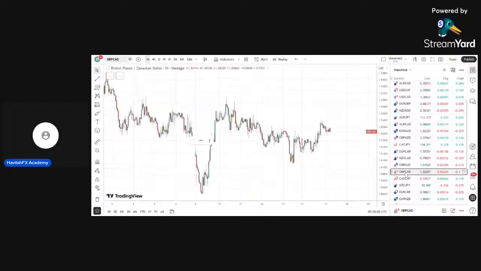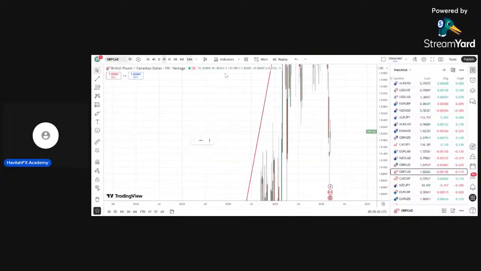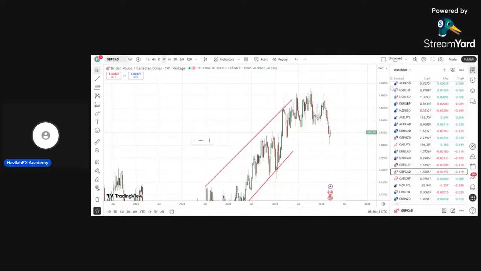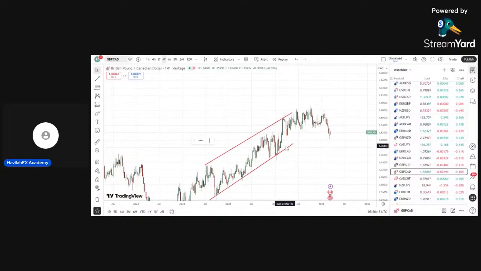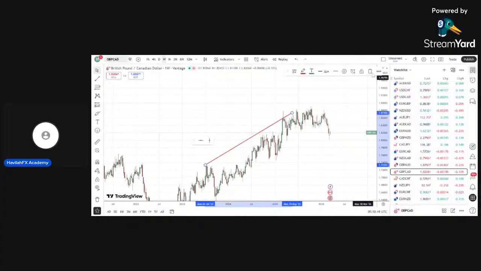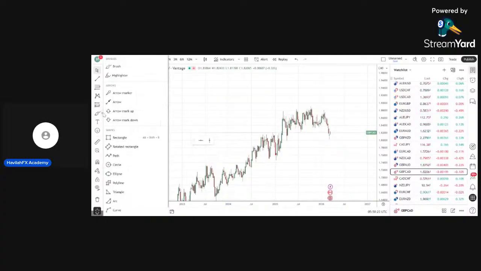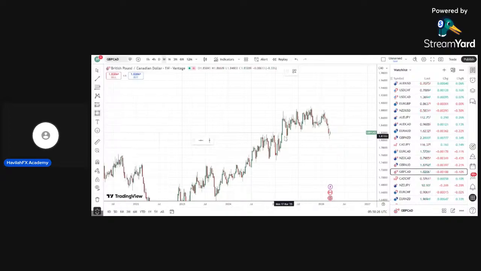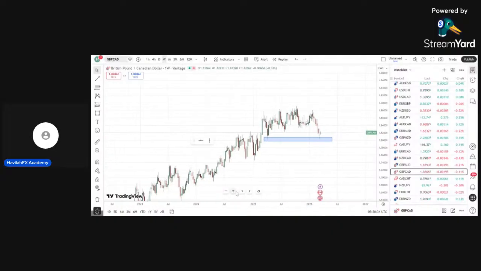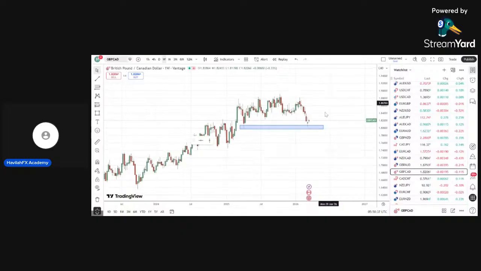The GBP/CAD. Now, this instrument, I'll start the analysis from the weekly time frame. On the weekly time frame, GBP/CAD closed last week on a support zone. So we have a valid support zone right there. Not only that, we also have the last candle closing there as a rejection candle.